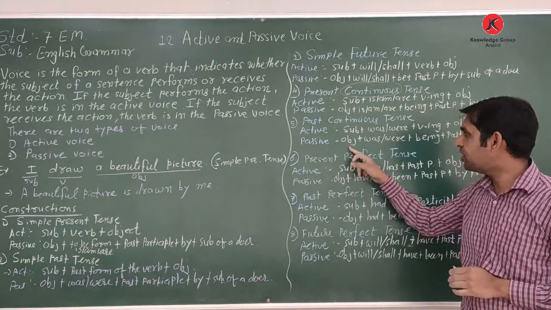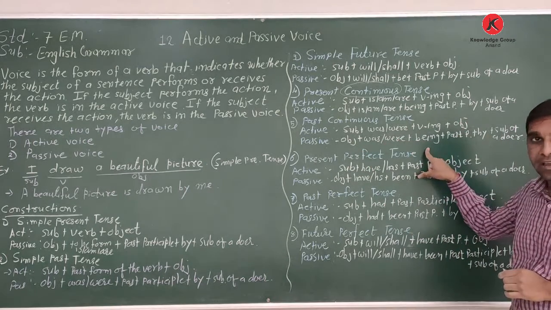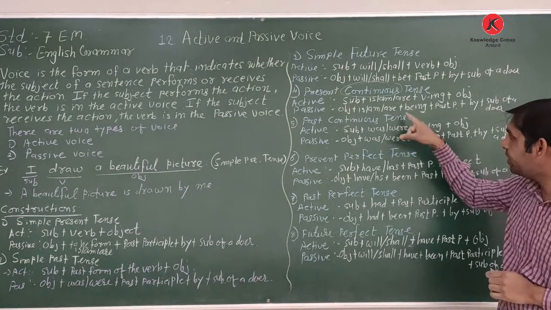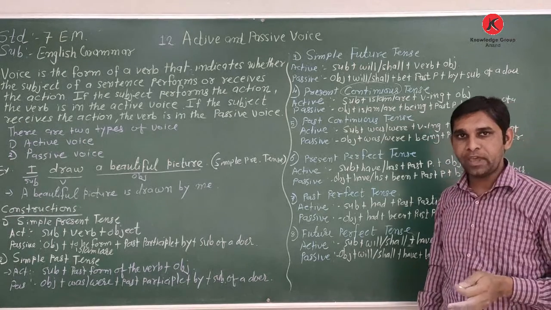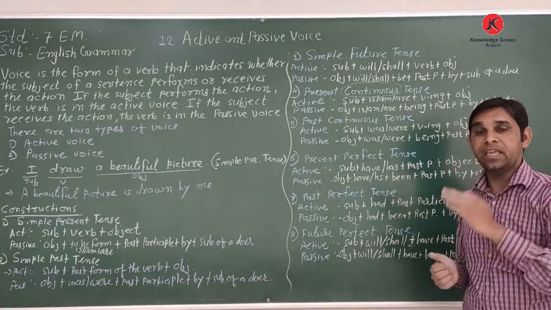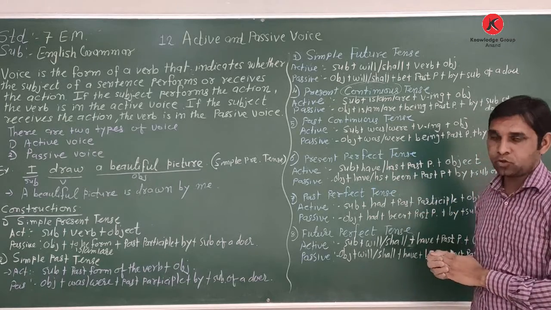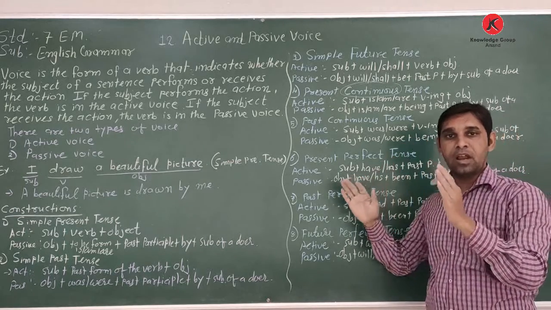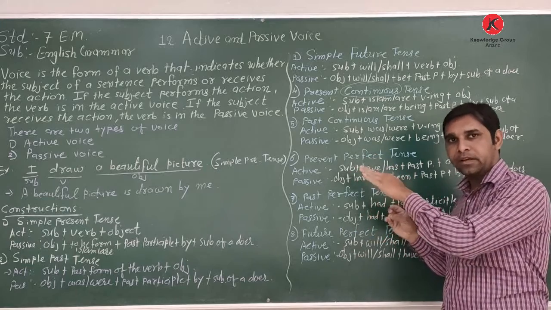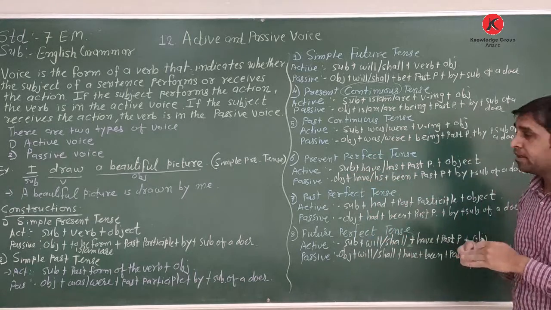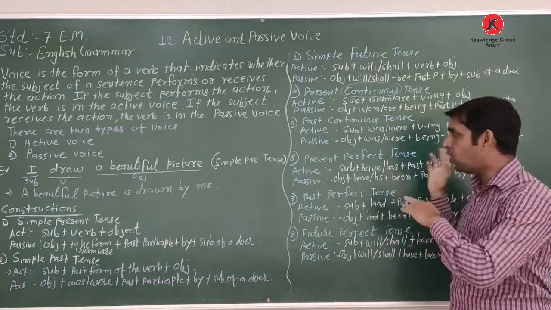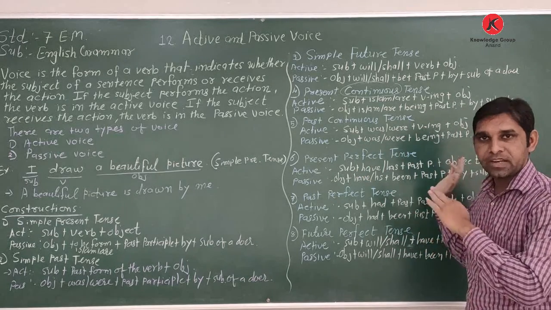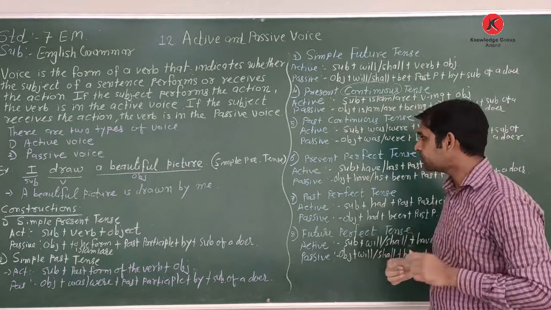So the passive construction: object, was/were, then being in both continuous forms, then past participle, by and the subject of the doer. In the passive construction: a letter was being written by her. I said she in the active voice, so change she into her in the passive construction after the by.